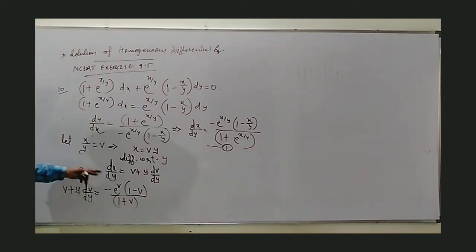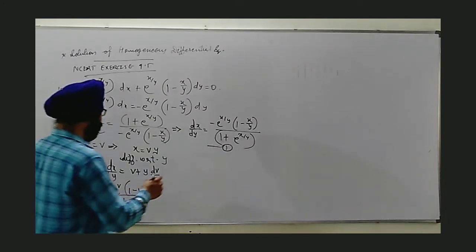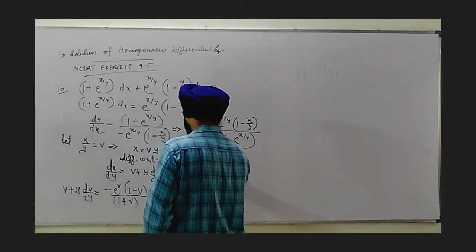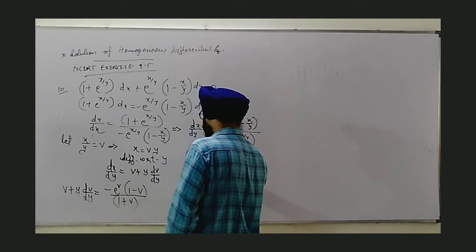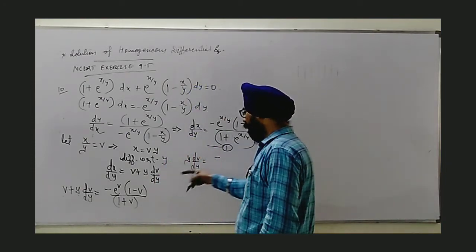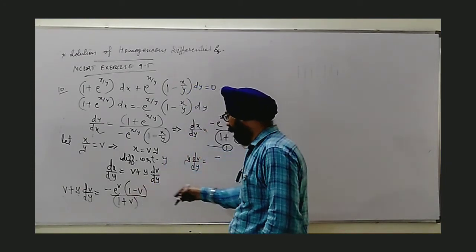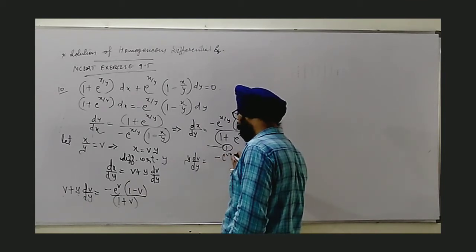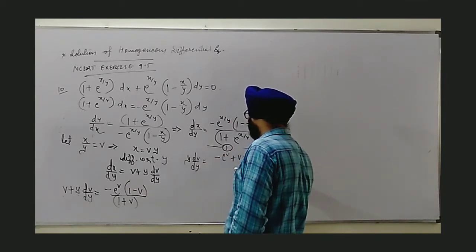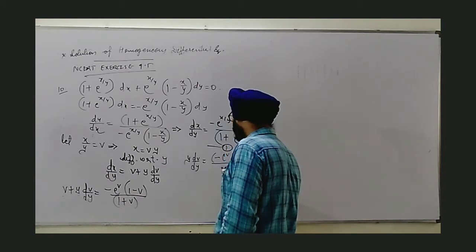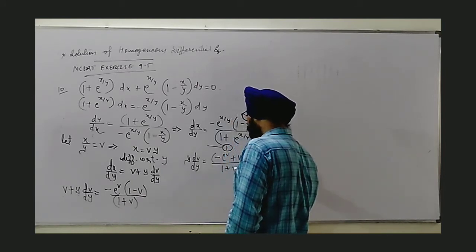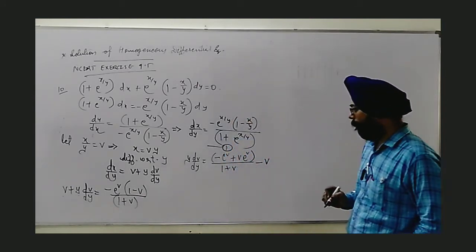Further, this v will be shifted so that we can simplify. We get y dv upon dy equal to, this minus e raised to the power v multiplied inside, plus v e to the power v upon 1 plus v, minus v here.